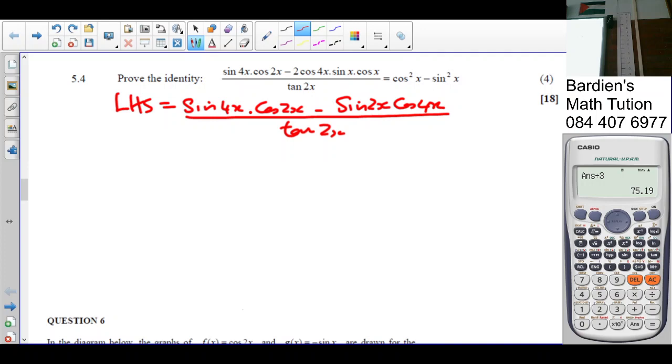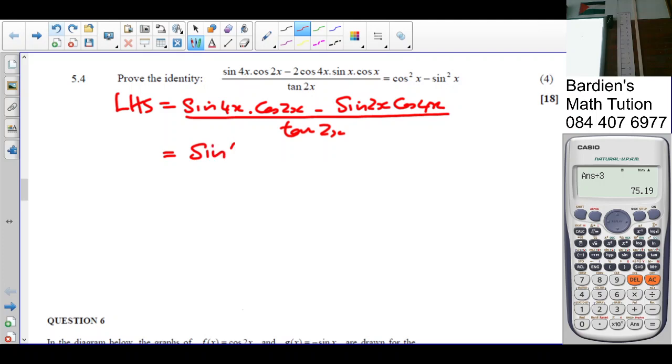So we've got sine alpha cos beta minus sine beta cos alpha. That is your sine compound angle. If there's a plus here, you will have a plus in the bracket.